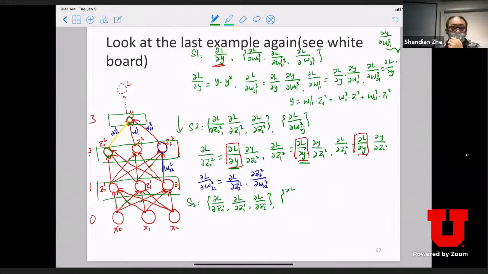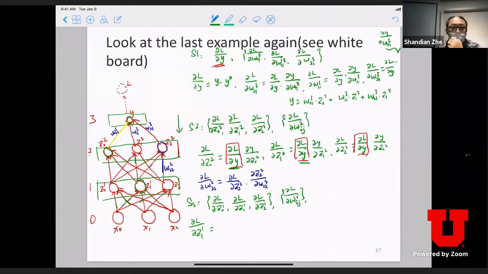But for this layer, you gotta be careful. Let us use one example to illustrate this point. Suppose we want to compute partial L over partial Z11.